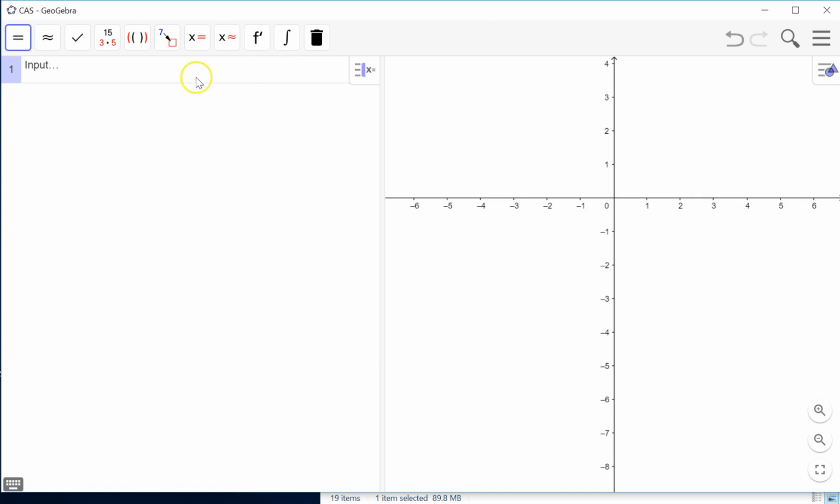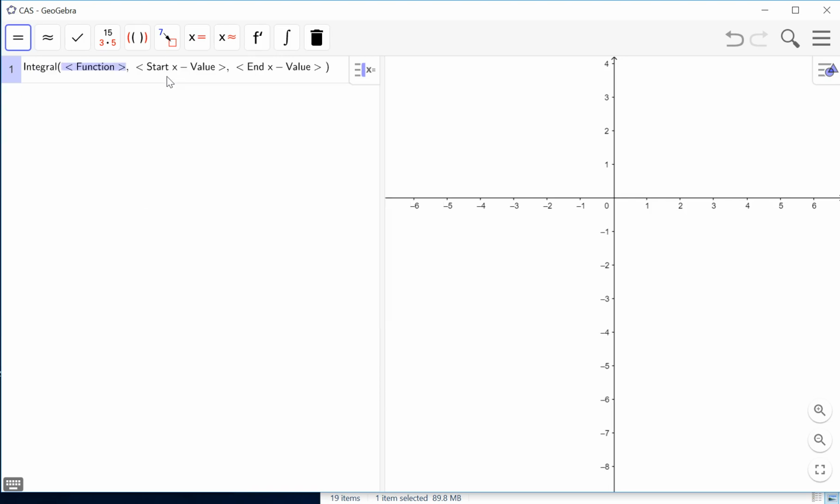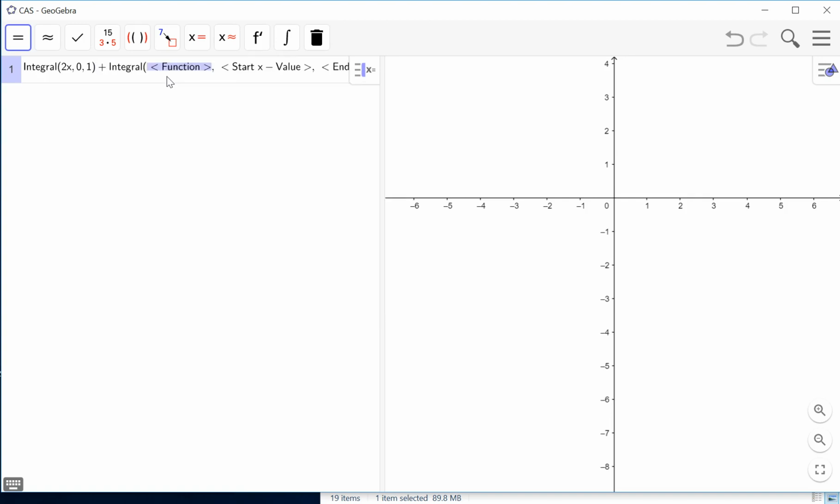Remember our function was 2x if x is between 0 and 1, and 2 if x is between 1 and 3. So for the first one, let's just integrate the function. I need to integrate the function 2x on the interval from 0 to 1, and add on the integral of 2 from 1 to 3. So I get 3 for the total.